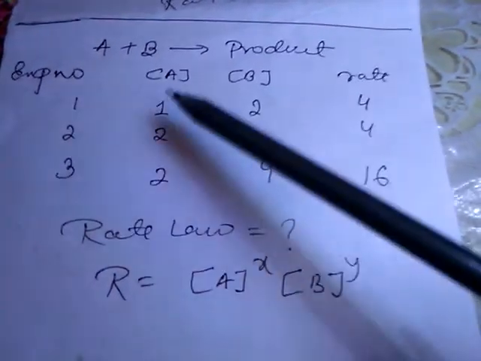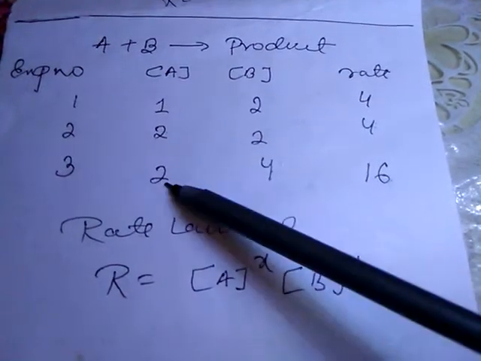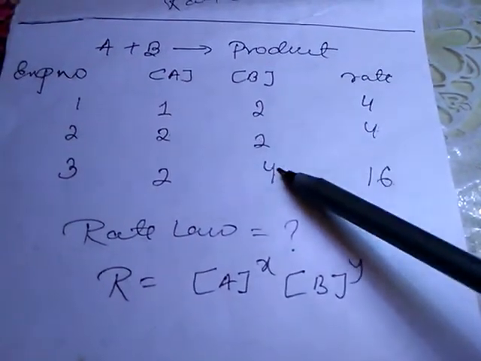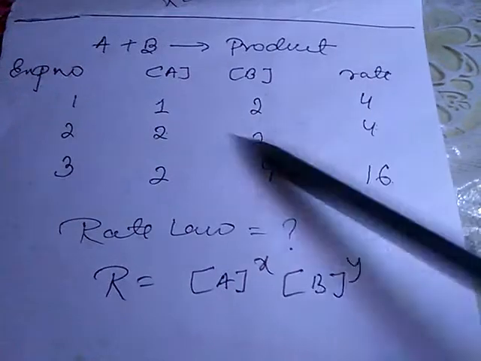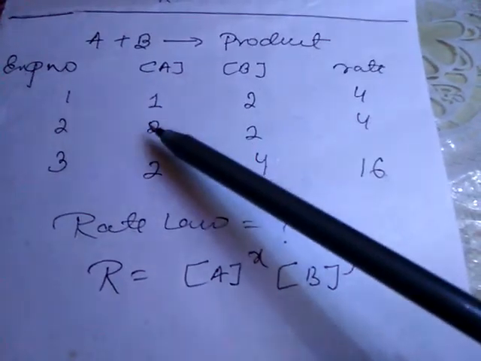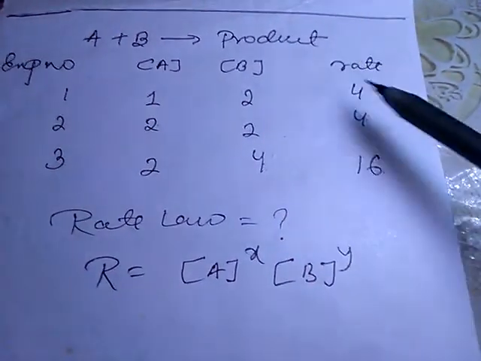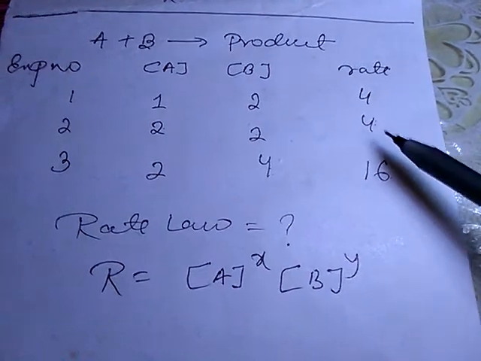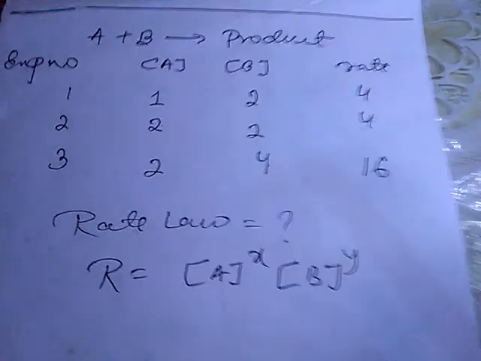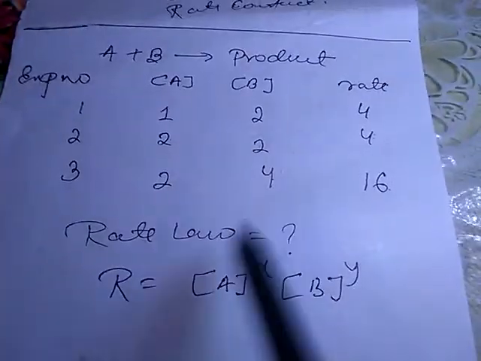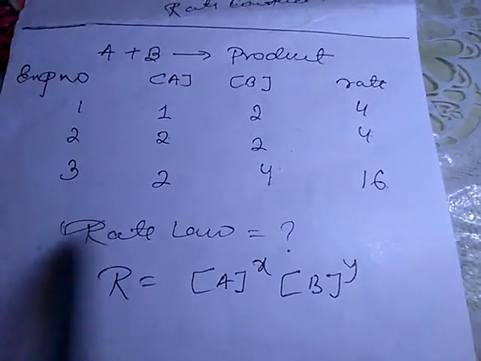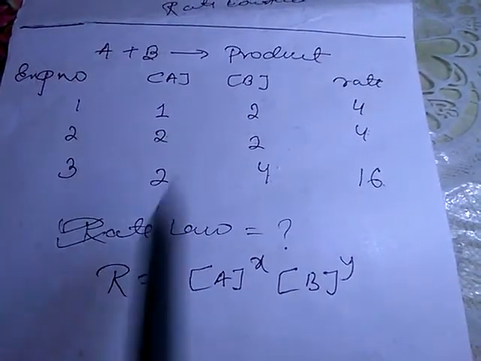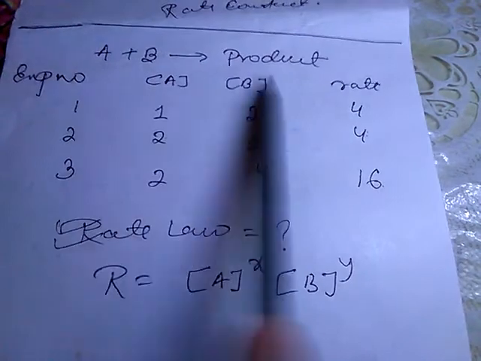In the different experiments, the concentration of A and concentration of B are recorded, and as the concentrations of A and B change, how the rate of the reaction is affected is also mentioned. With the help of this given information, we have to find the rate law of this chemical reaction.